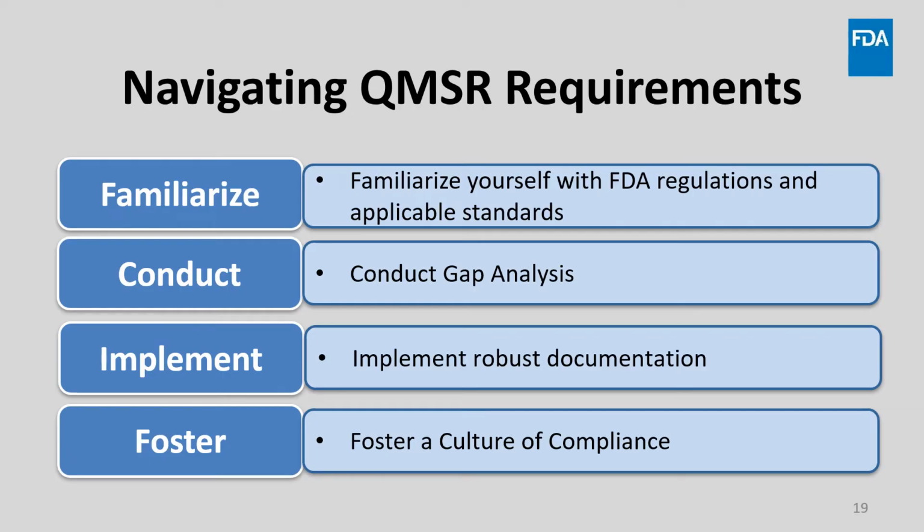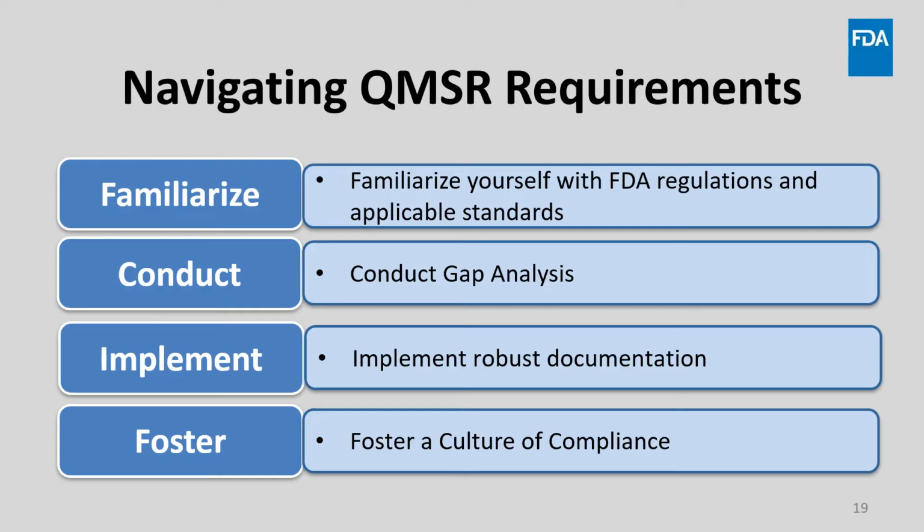Conduct a thorough gap analysis to identify and address any discrepancies between current practices and regulatory requirements. Implement robust documentation processes to maintain accurate and complete records, and foster a culture of compliance within the organization to ensure ongoing adherence to quality and regulatory standards.